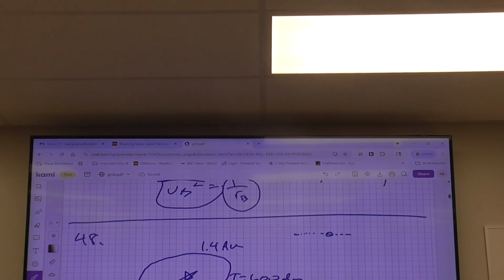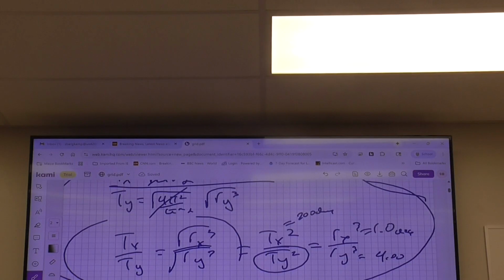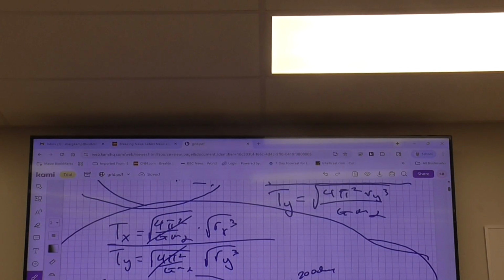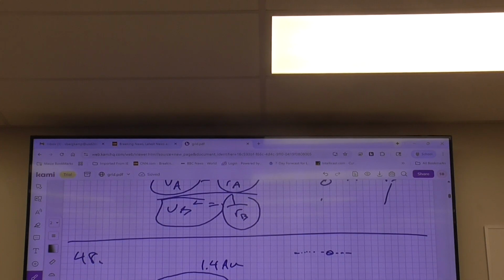The first time we did this, we looked at a ratio of orbital periods. The second time, we looked at a ratio of velocities. The third time, we're going to look at a ratio of masses. Same idea, same technique.